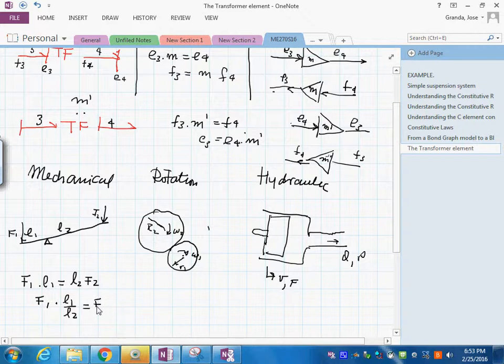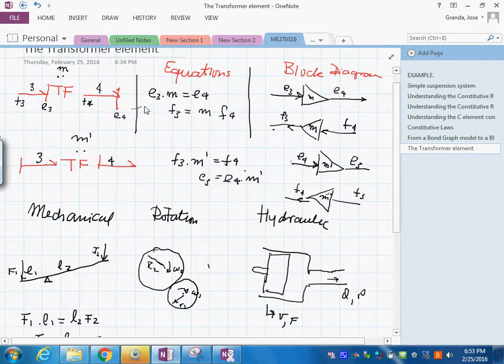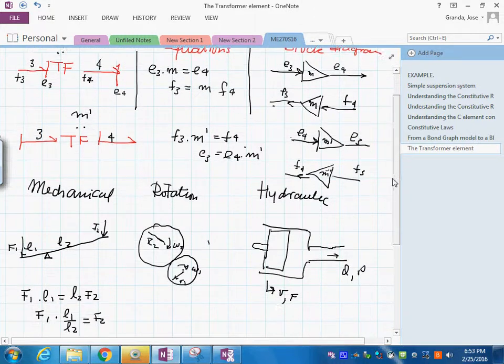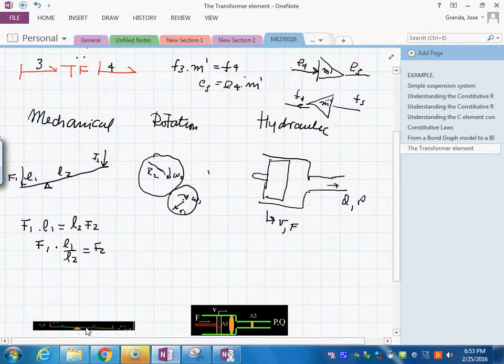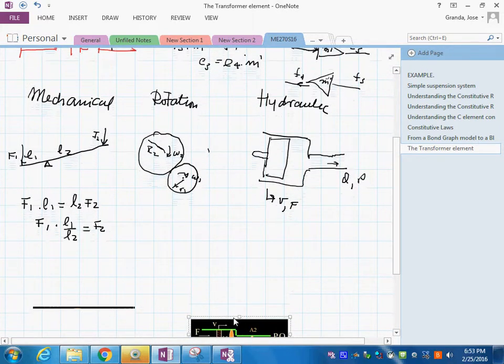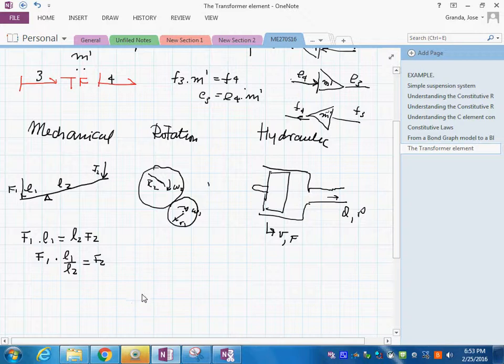But if you happen to know this is the velocity v sub 1 and this is the velocity v sub 2, then you know that if you multiply F sub 2 times L1 over L2, you should be getting equal to the velocity v sub 1, like this.